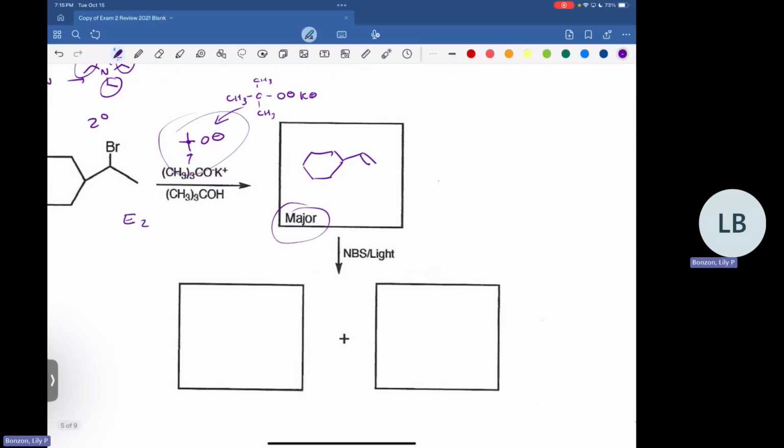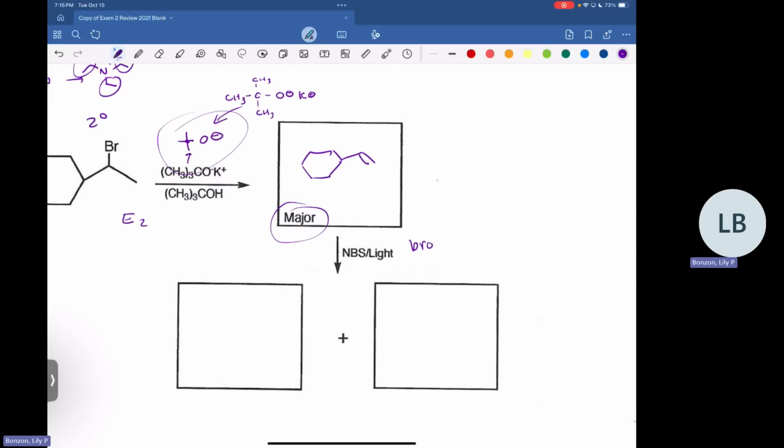So NBS and light. So this is going to be bromination. And this is specifically going to be allylic bromination. And so allylic means a carbon that's adjacent to a double bonded carbon. So we're just going to add a bromine at the allylic position.